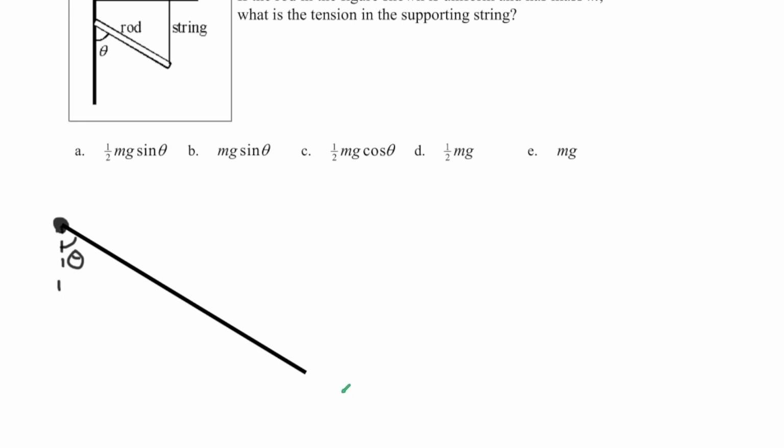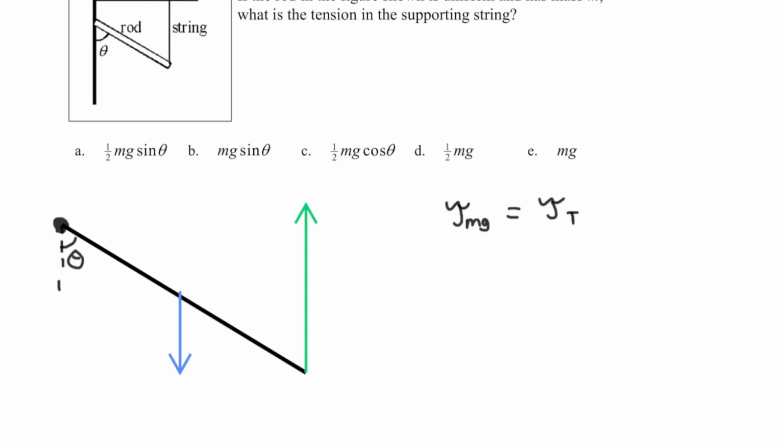We're given that there is a string going this way, and because the rod, of course, has mass m, there's going to be a weight force right down the middle. So once again, we just balance torques. The torque caused by mg has to be the same as the torque caused by the tension.